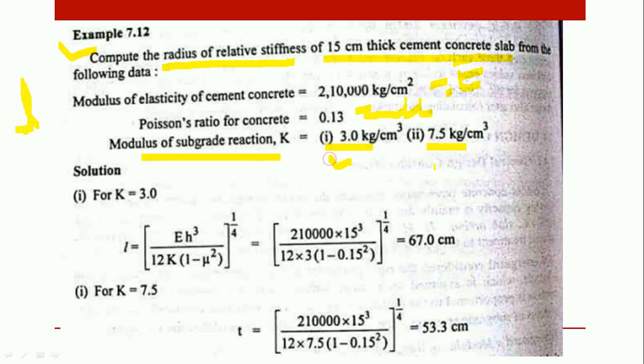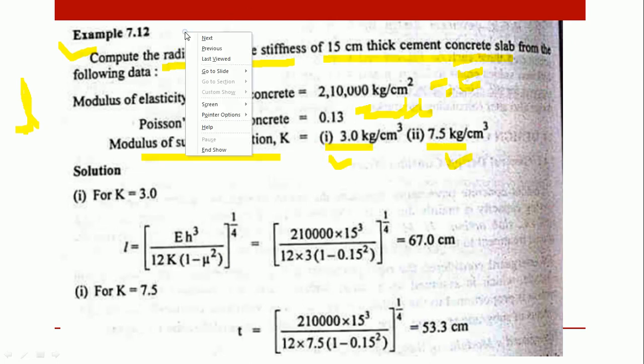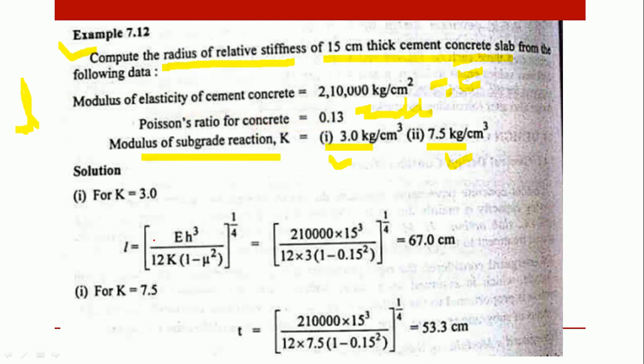For both 3 as well as 7.5, we need to find the radius of relative stiffness. We have the direct formula, which we discussed in the previous video: L is equal to the fourth root of E h cubed divided by 12 K (1 minus mu squared). This is the equation used to find the radius of relative stiffness.